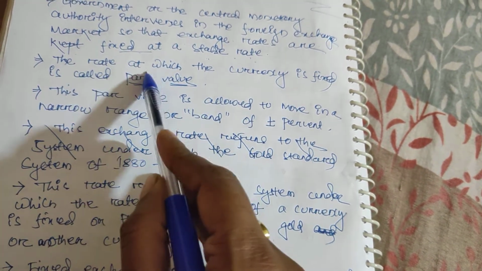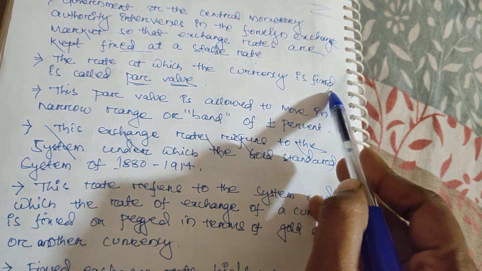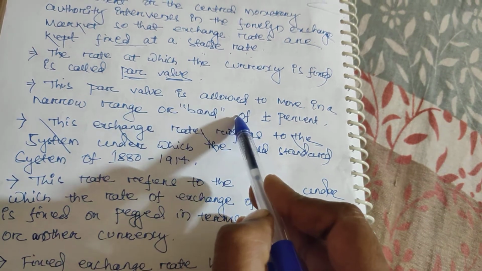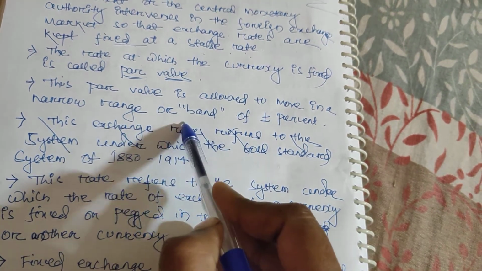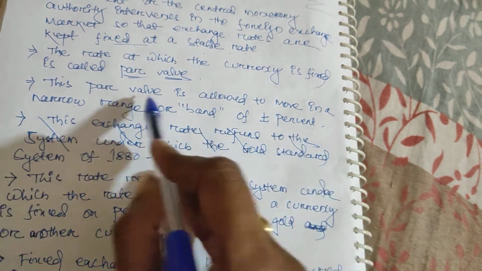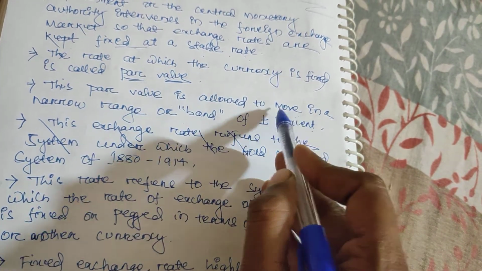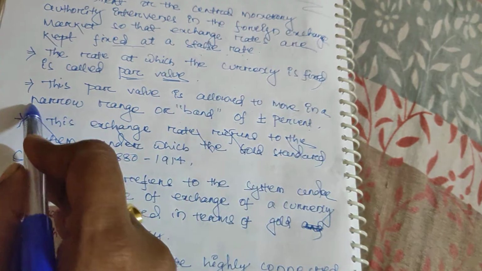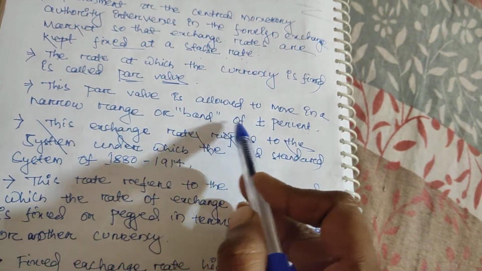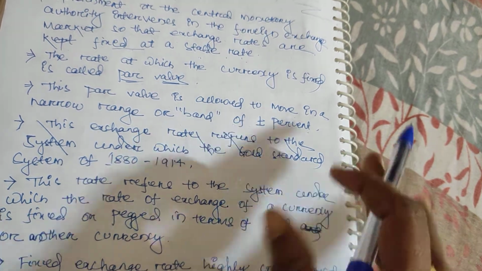The rate at which the currency is fixed is called the par value. This par value is allowed to move in a narrow range or a band of positive or negative percent. Sometimes it is allowed to move, but only in a narrow range. It can't move much, within a narrow range, a band of positive and negative percent.